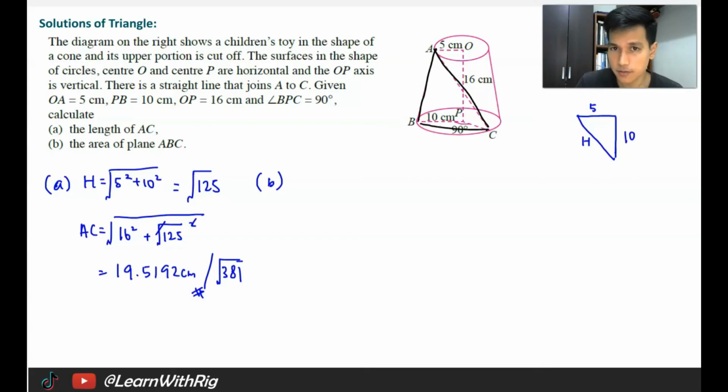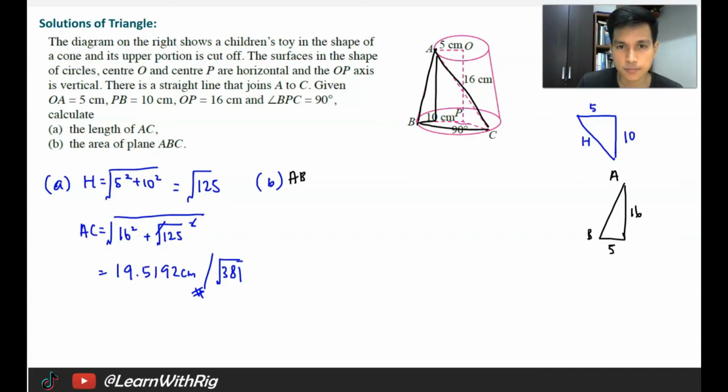AB you can find. How are you going to find? You can use another triangle here. So you've got a small triangle now. Here is 16, here is 10 minus 5, so here should be 5. So first you want to find AB.